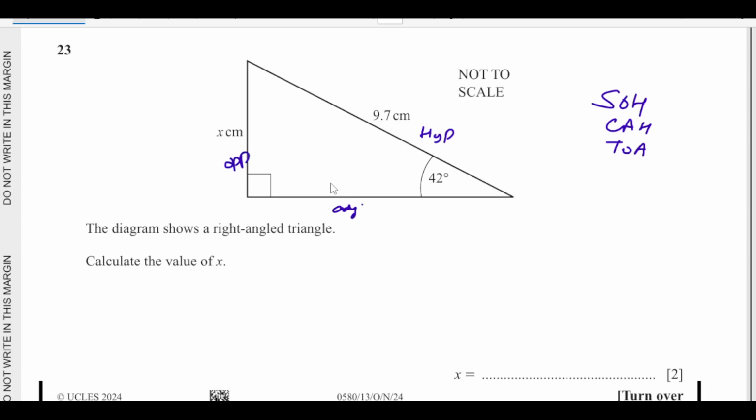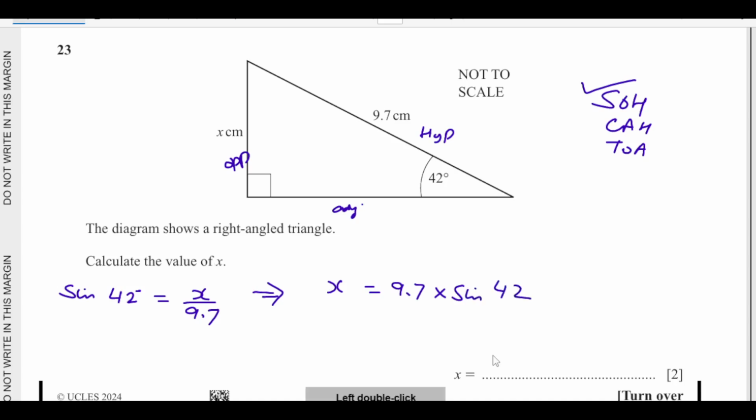Opposite to the angle is called opposite. So sine 42 degrees is equal to x over, opposite over hypotenuse. The hypotenuse is 9.7. So x is 9.7 times sine 42, which comes out to be 6.49.